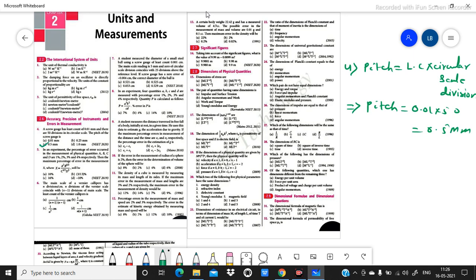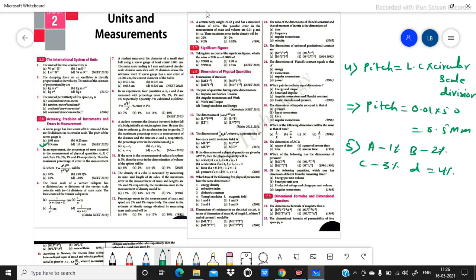In an experiment, percentage errors occurred in physical quantities A, B, C, D are given, and the question asks the maximum percentage error in the measurement of X. In this type of question, just remember you have to multiply the power with the error. Here A error is 1%, B error is 2%, C error is 3%, D error is 4%. So I have to multiply the powers with the errors.